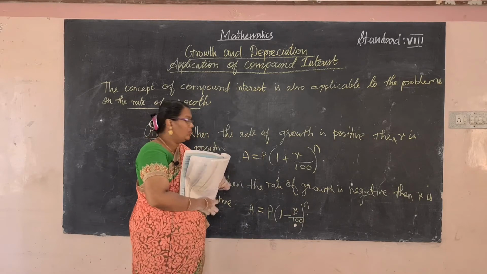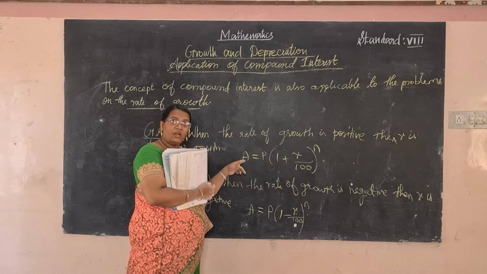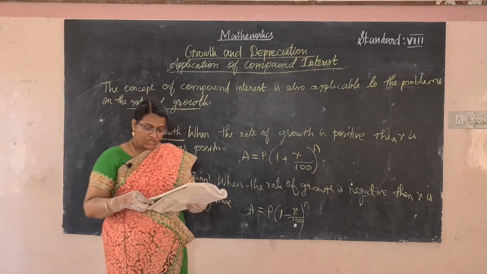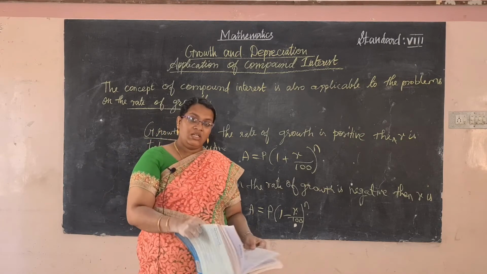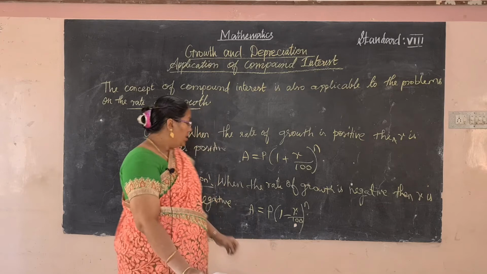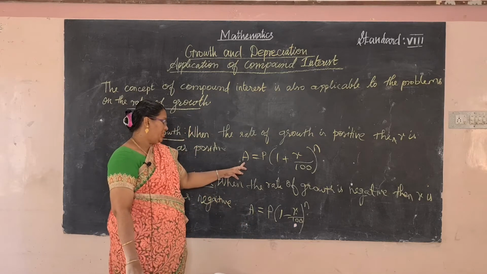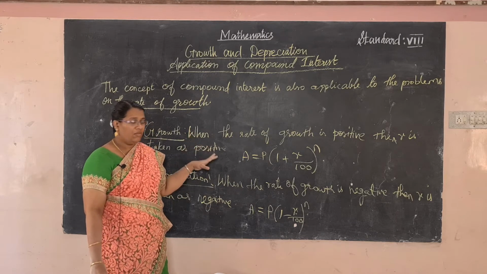Samarthya book and some other CBSE books have given appreciation denoted by A and depreciation denoted by D, but in your book the same notation A is given. Appreciation and growth have the same meaning.